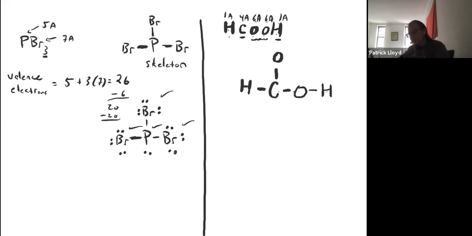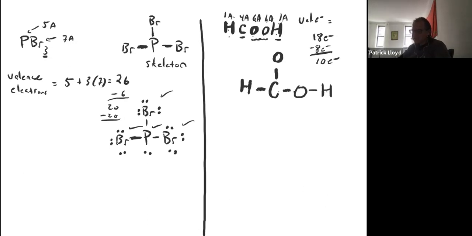So valence electrons is 1 plus 4 plus 6 plus 6 plus 1. 1 plus 4 is 5, plus 6 is 11, plus 6 is 17, plus 1 is 18. So 18 valence electrons. How many have we drawn? 8. We've already used 8.